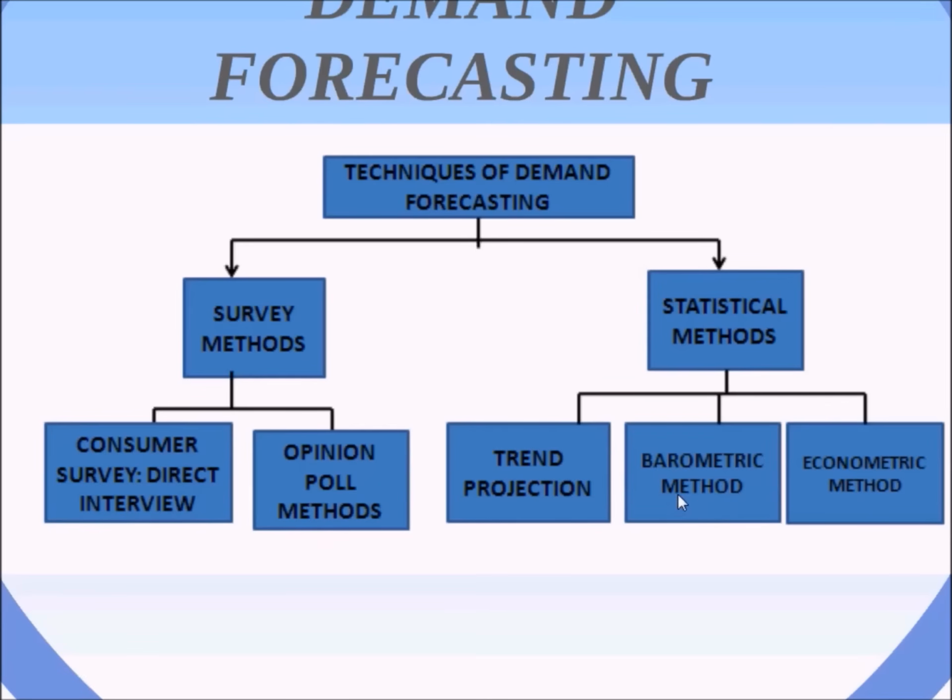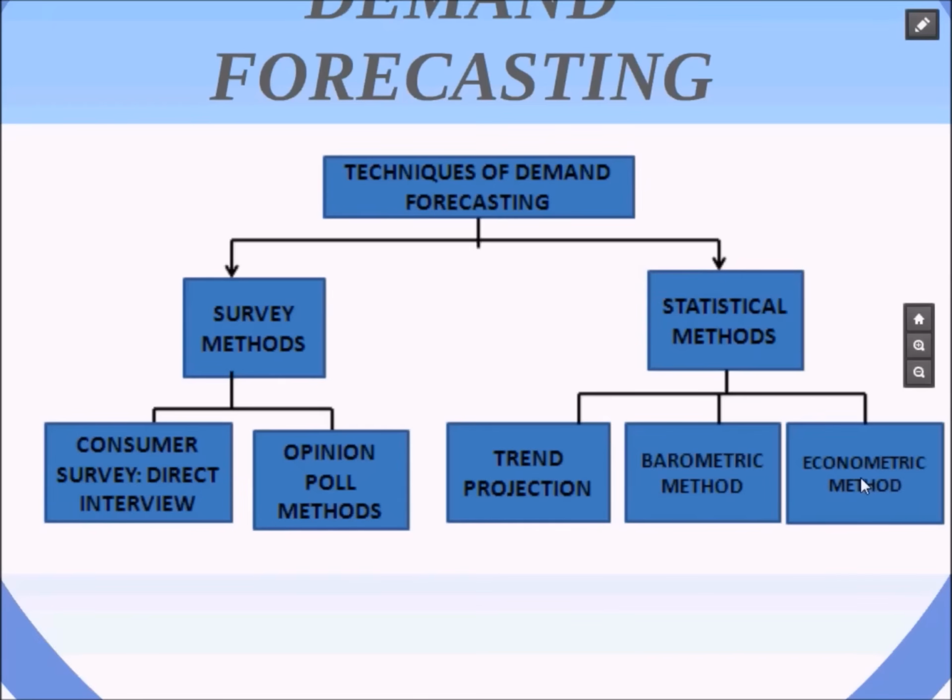So likewise, following this logic, in this method many economists use economic indicators as a barometer to forecast the trends in business activities. Various indicators are used in order to forecast what will be the trends in the future. The next method is the econometric method.